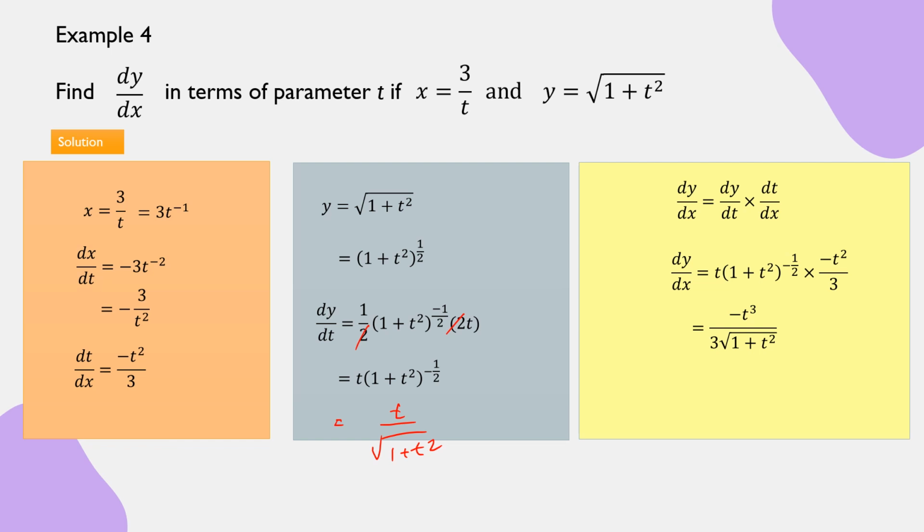After we simplify, we get negative 3t cubed over 3 square root of 1 plus t squared.